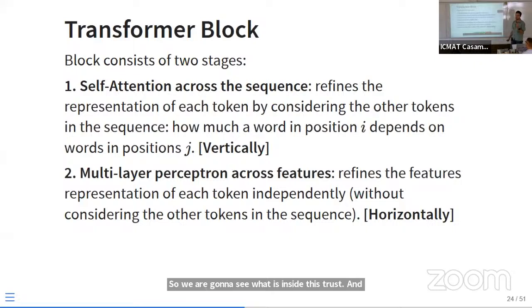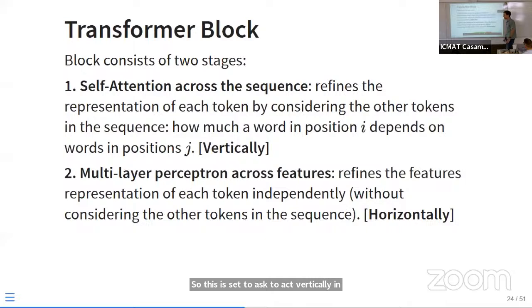There are two main stages. There is self-attention across the sequence, in which the representation of each token, a vector, is refined considering other tokens in the sequence: how much the word in position I affects the word in position J. This acts vertically in the matrix representation that I showed.